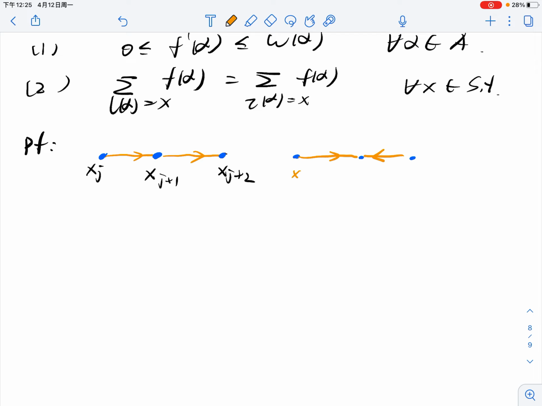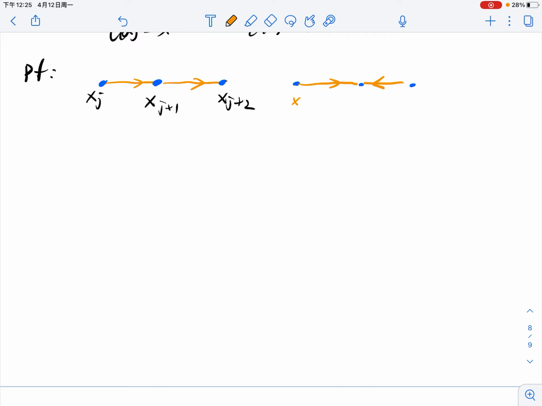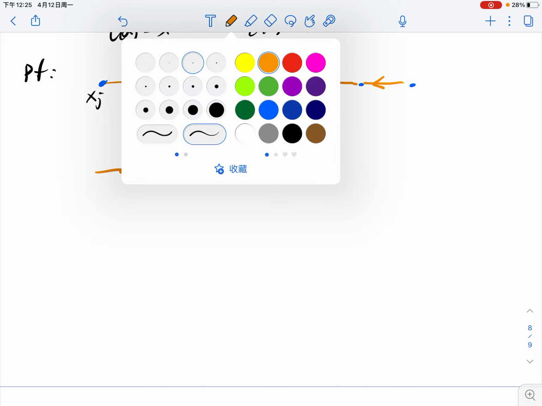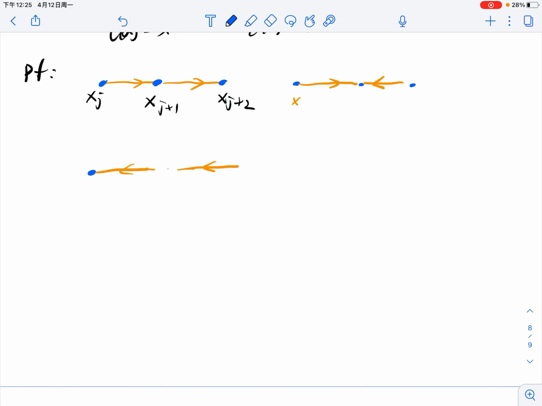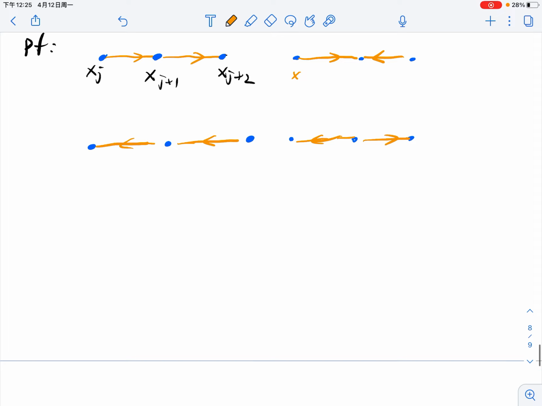Right, left, and left. Oh, actually we have another one. Right. Oh, sorry, left, right. And we need to verify statement 2 for each case.